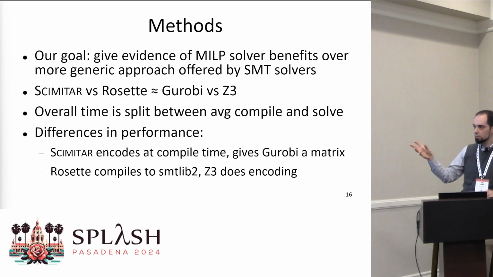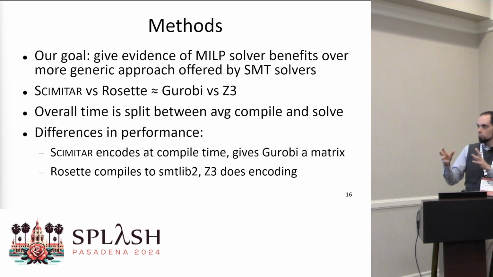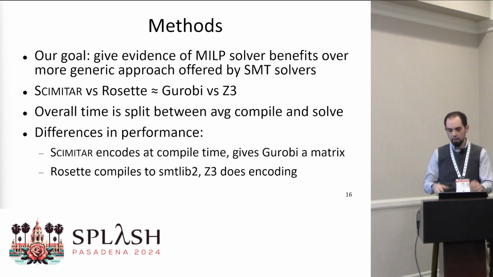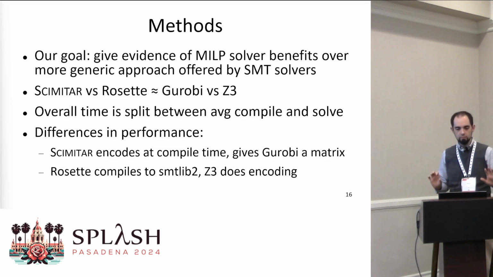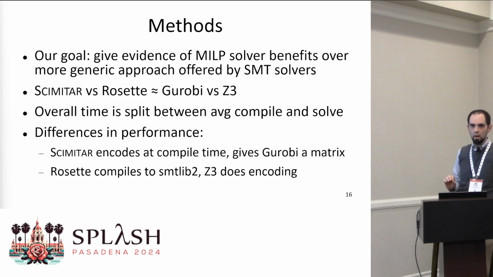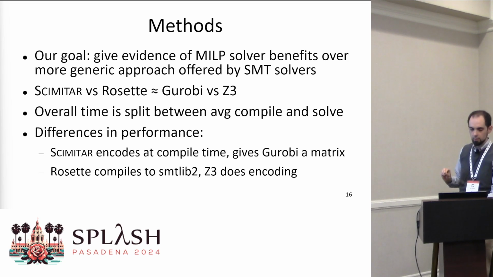The difference is that for Scimitar, we wrote the compiler, and it does all its encoding there, whereas Rosette passes all the work off to Z3 and uses SMT-LIB as a backend. I want to emphasize here that Z3 is not an optimization solver. The algorithms it uses fit their application domains rather closely. So our expectation is that by using a dedicated MILP solver, we will be able to outperform them when it comes to actually solving things.